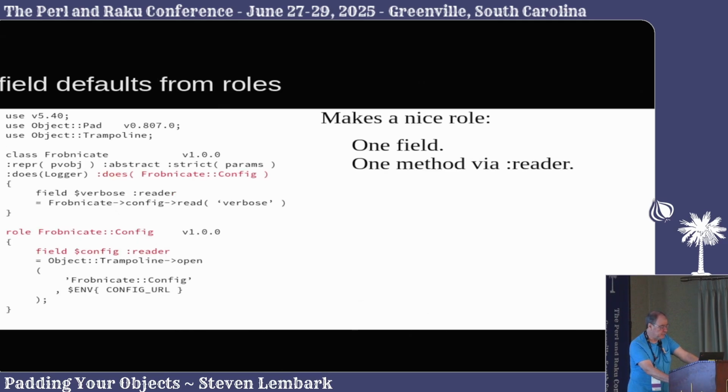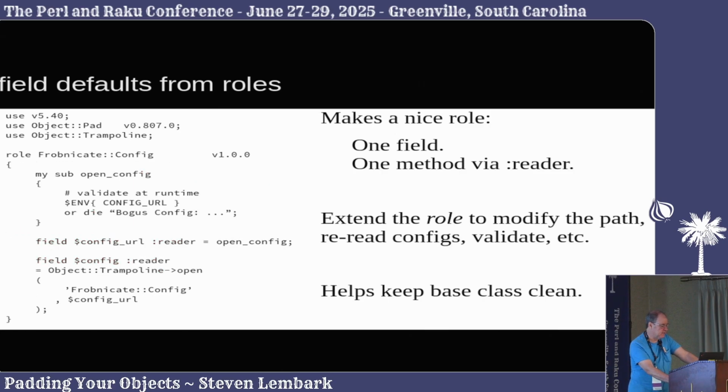I'm going to go pretty quickly through a few of these. You can get a default from a role if you have a config reader, and this thing does config read. You can call a role method to assign the default. And again, that allows you to reuse these configurations, and it shows you how to merge these in.